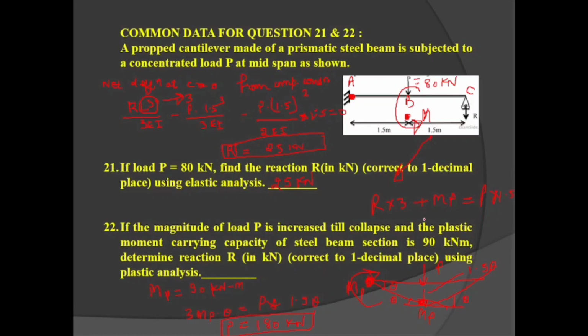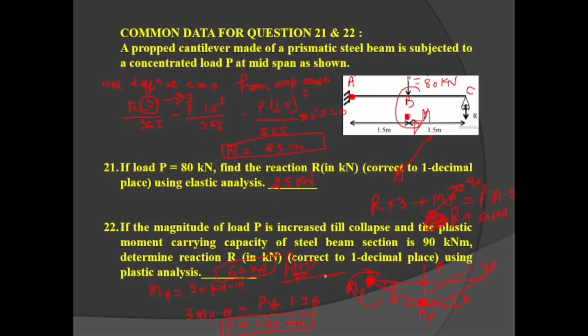My mistake, we have to calculate the reaction. MP is equal to 90 kilonewton meter, so R value will be equal to 60 kilonewton. Here the value of R is 60 kilonewton, that is our answer.